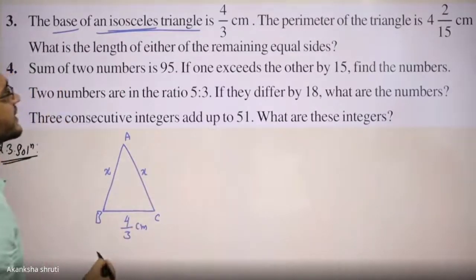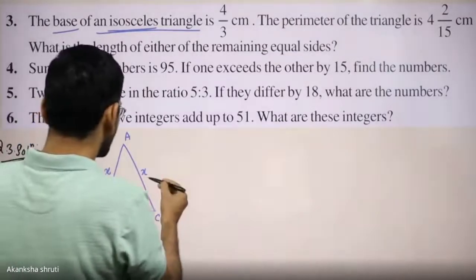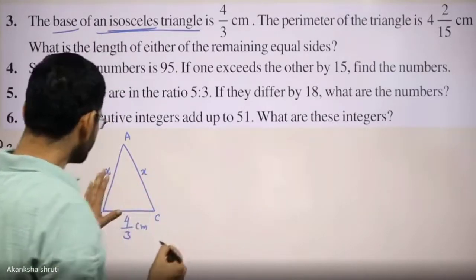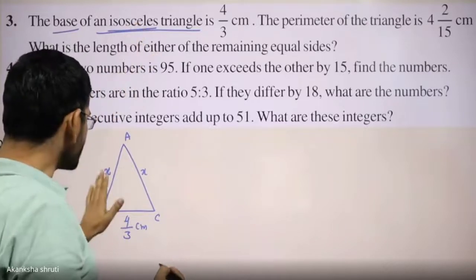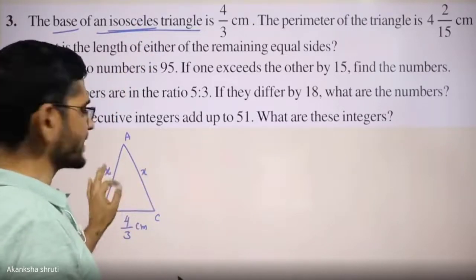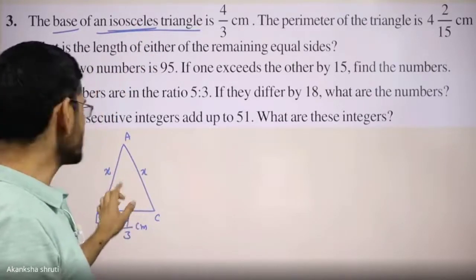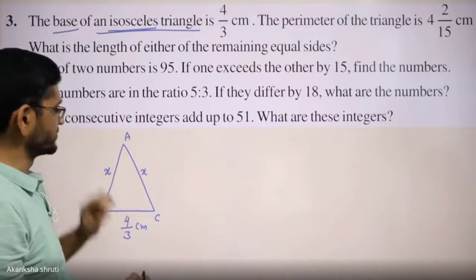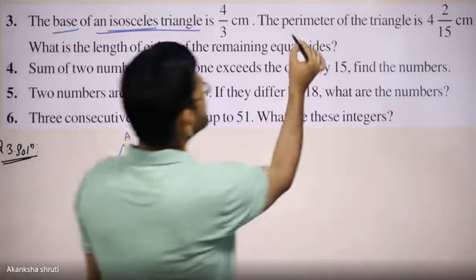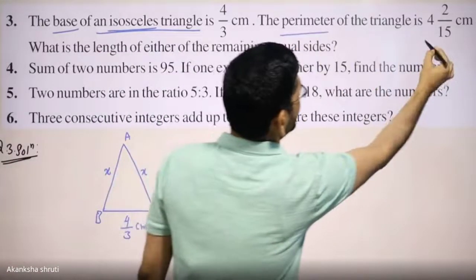This is the only condition. So wherever the term isosceles is present, this itself indicates these two side lengths are equal. So one of the side lengths you assume as x, the other will also be x. Now it is given that the perimeter of this triangle is this one.